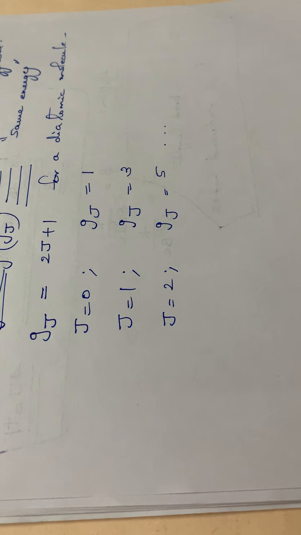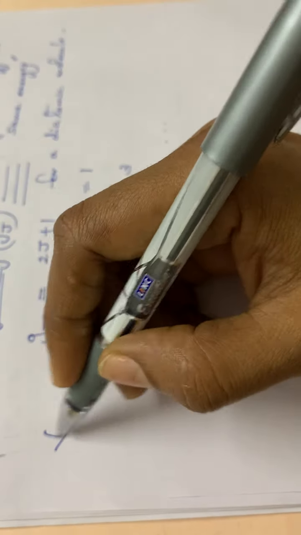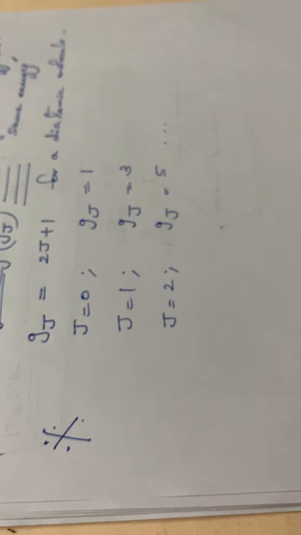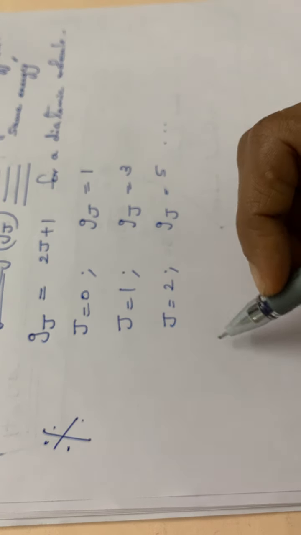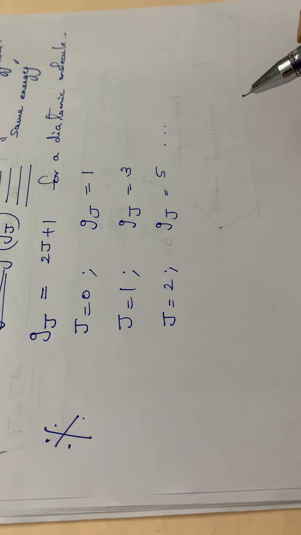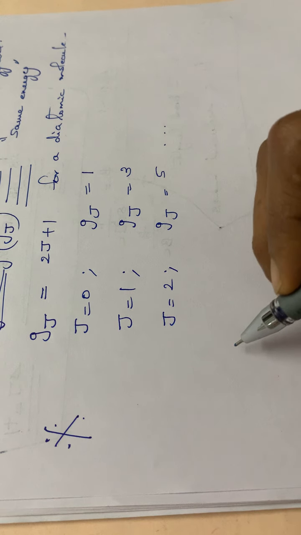So here we are seeing two factors, population as well as degeneracy, which determine the intensity of the spectral lines. See, this topic, the intensity of the spectral lines, is very important. And again we can combine these two, population and degeneracy, with the intensity.